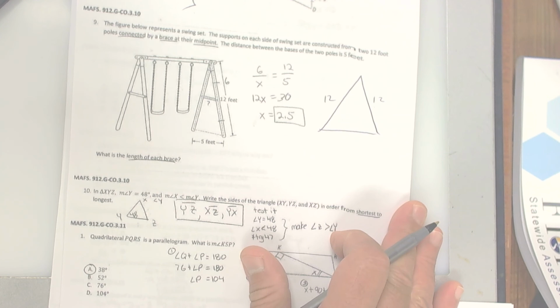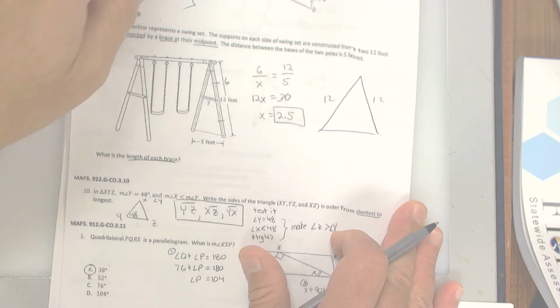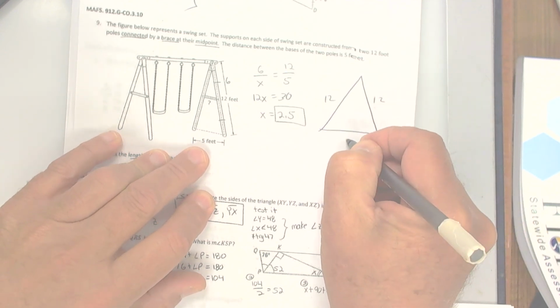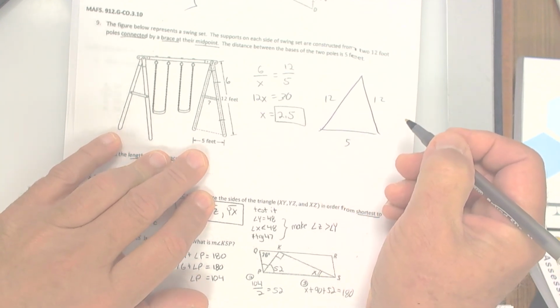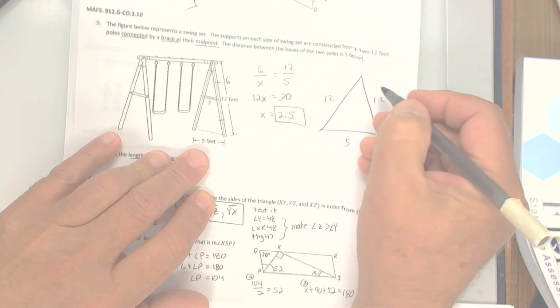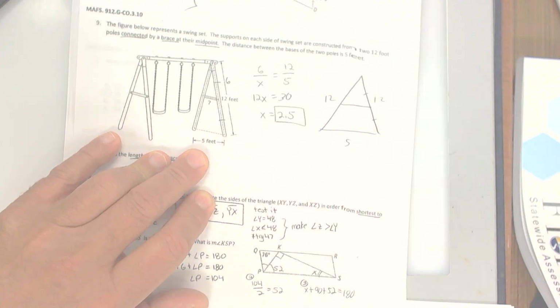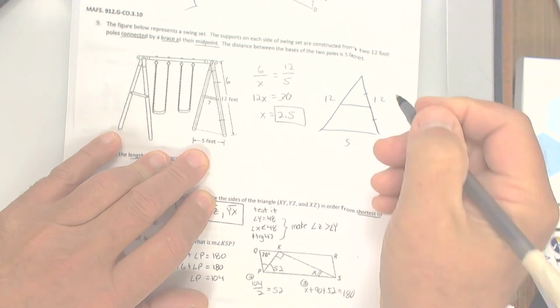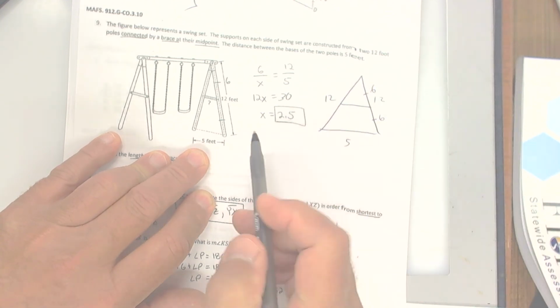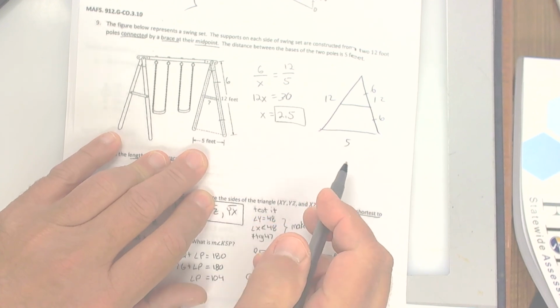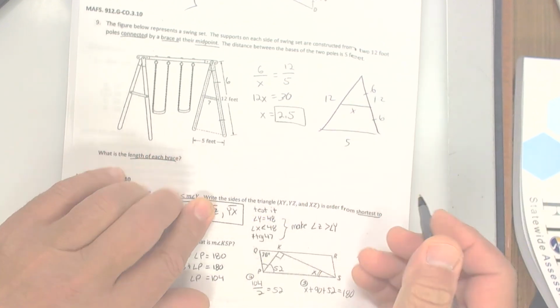The distance between the 2 poles is 5 feet. So the bottom here is 5 feet. And so what you're looking for is this one is equal to this one. So that's going to make that 6 up here and 6 right there, which is what she has. See that 6? Okay. So what you're looking for is this cross member here.